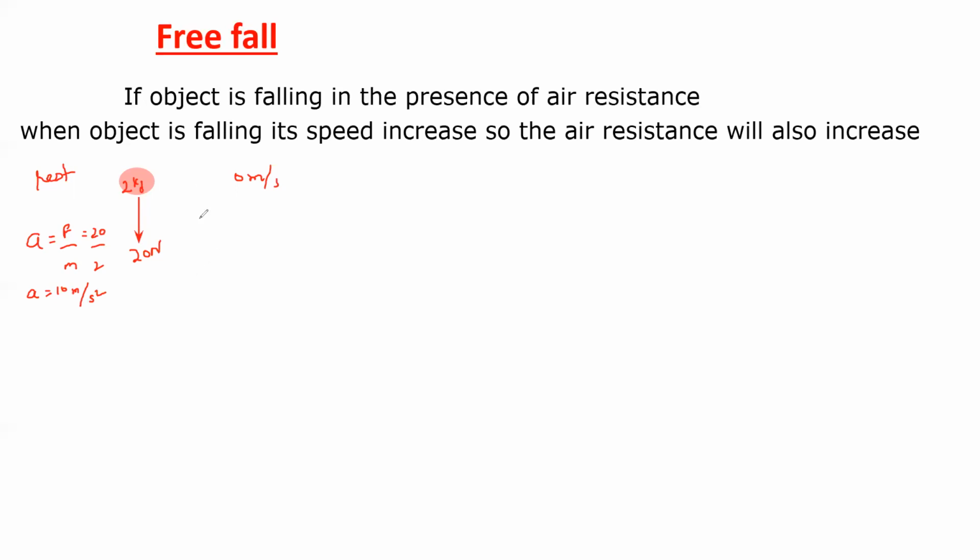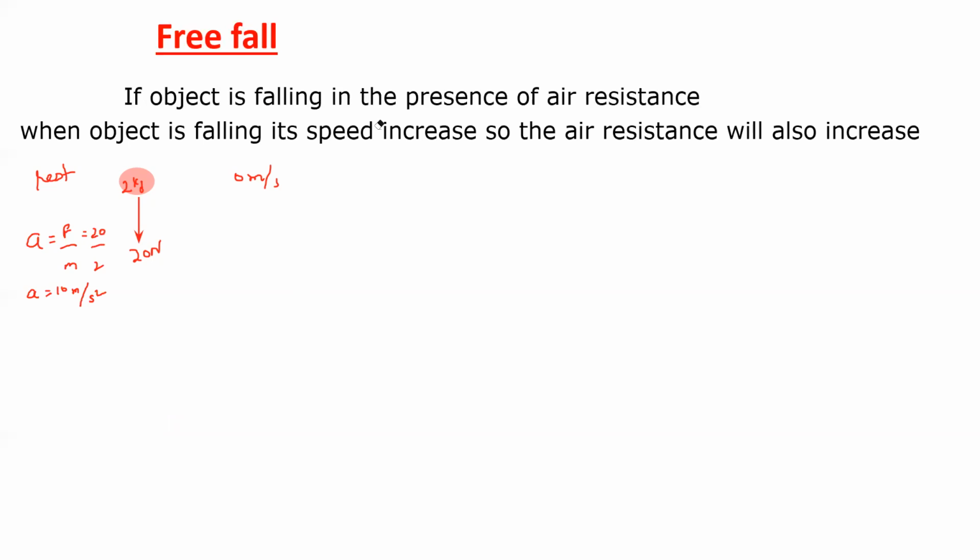As this object is falling, initially it will have a constant acceleration, but as there is acceleration, speed will increase. As the speed increases, what will happen? The air resistance will also increase. And what is the direction of the air resistance?